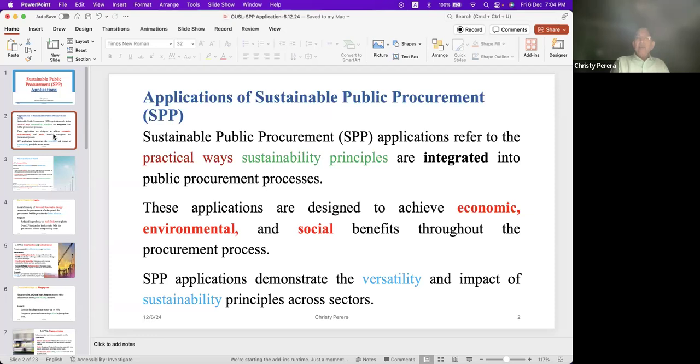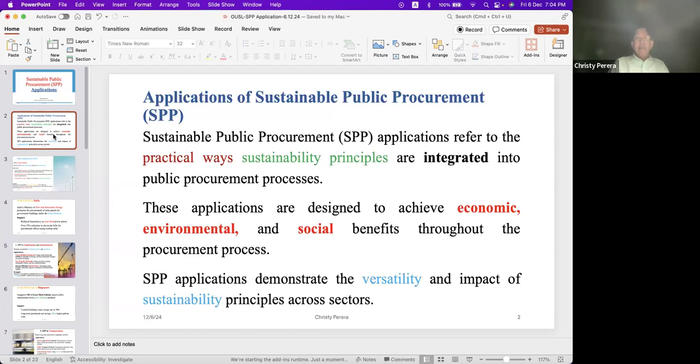These applications are designed to achieve, as you know from our discussions every time, the three main areas: economic, environmental, and social. So in all three areas you get applications, right? That's what it says.